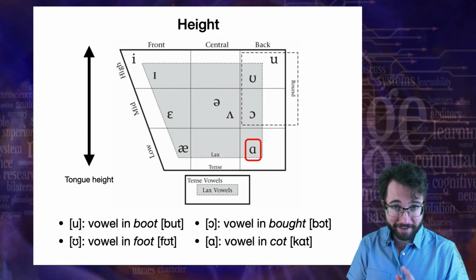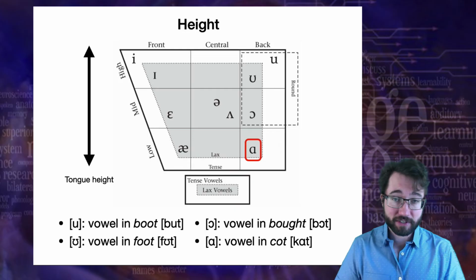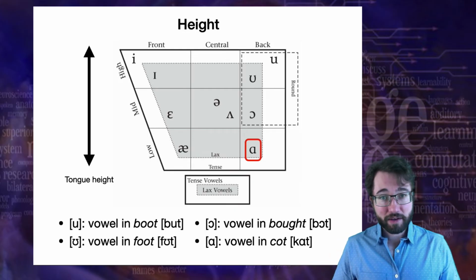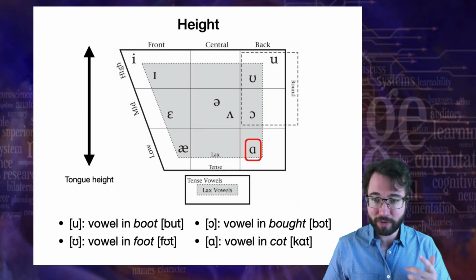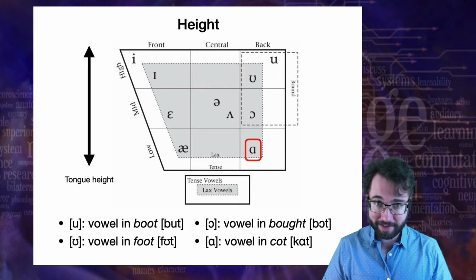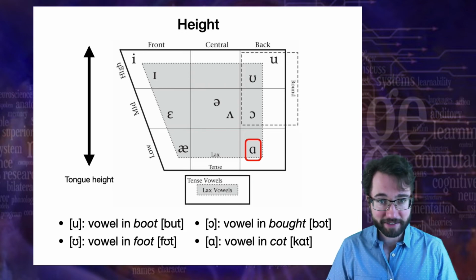Caught and cot are different sounds in those dialects, but on the West Coast, they're both pronounced cot. So you're not on the hook for knowing this distinction between aw and ah in English because you might speak a dialect where that distinction is not made. But it does exist in other varieties of American English.